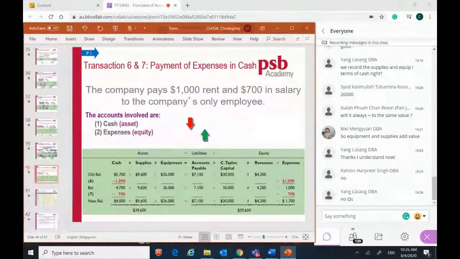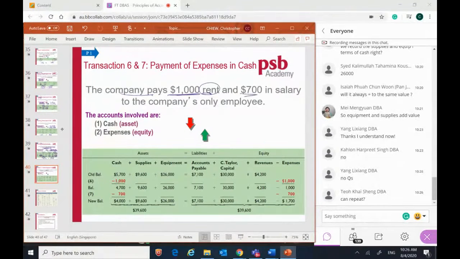All right, next. Now the company pays $1,000 rent and $700 salary. Now, what are rent and salary?